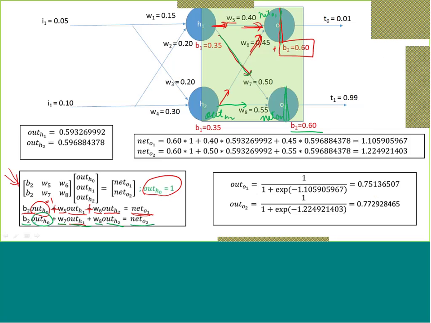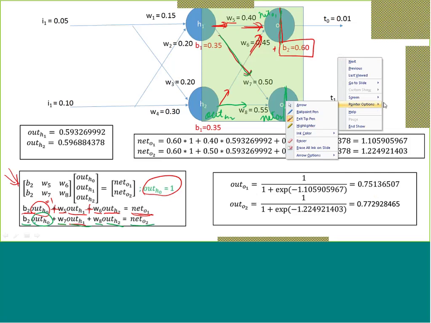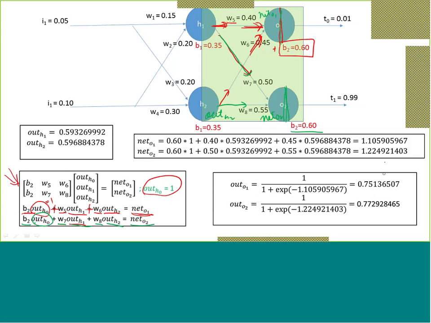To find the output of this node, I have to transform this net input through a sigmoid function. So I take net output 1 and transform it through a sigmoid function, and I get some output.